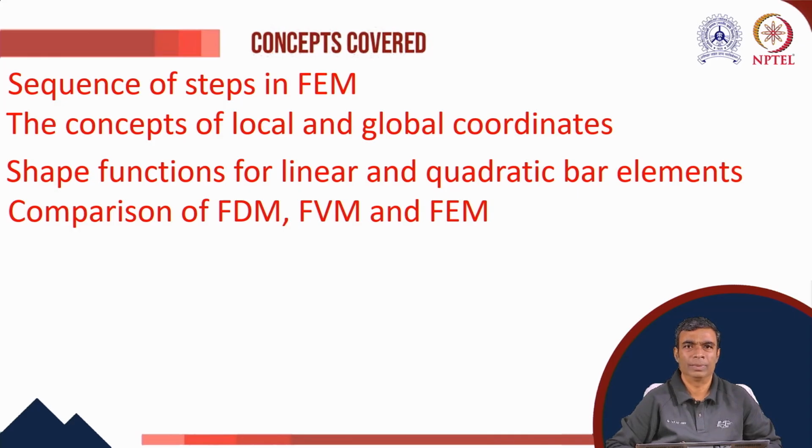In today's class, we shall first illustrate a flow chart highlighting the sequence of steps in finite element approximation. We then introduce the concept of local coordinate system and correlate the local coordinate system with the global coordinate system.